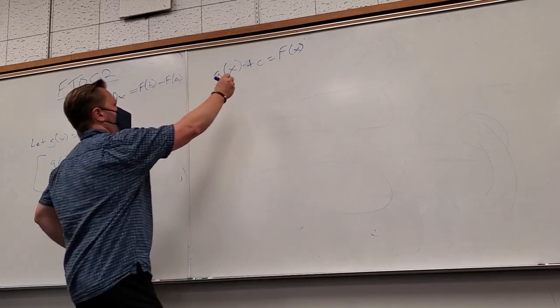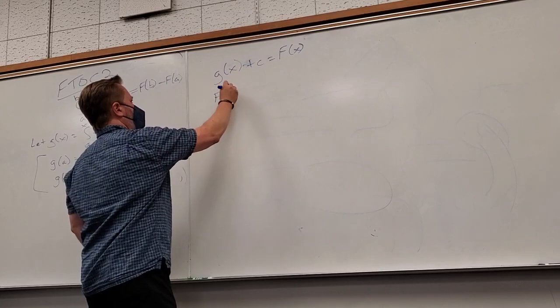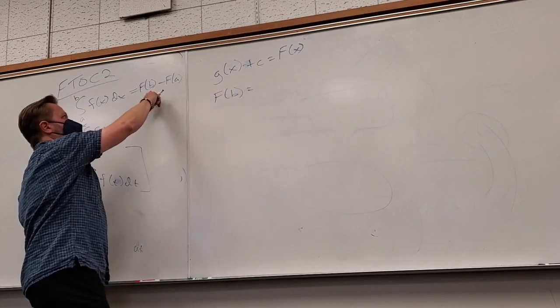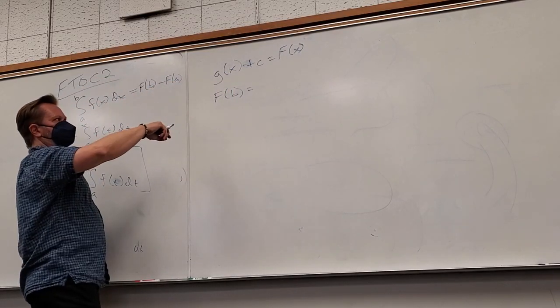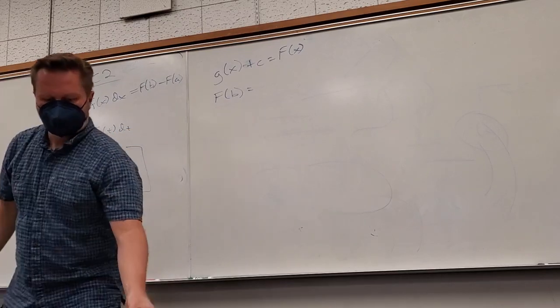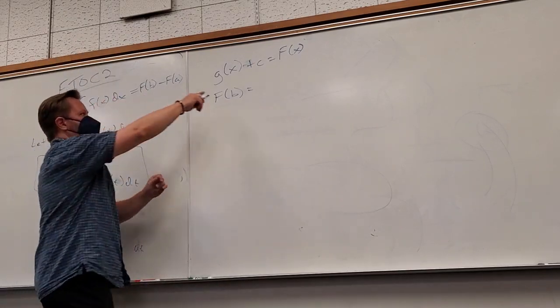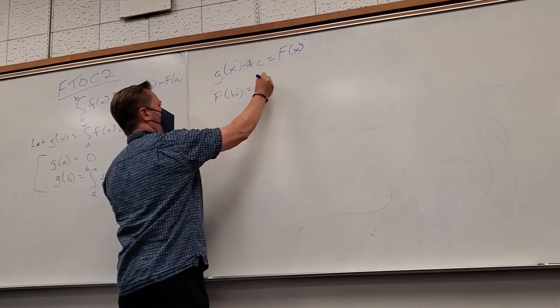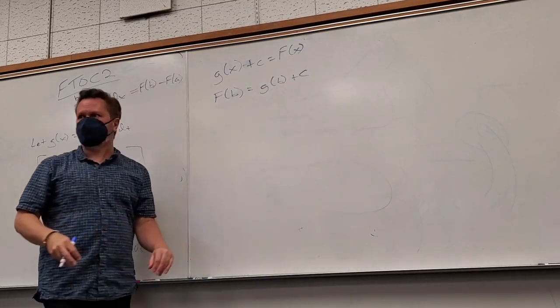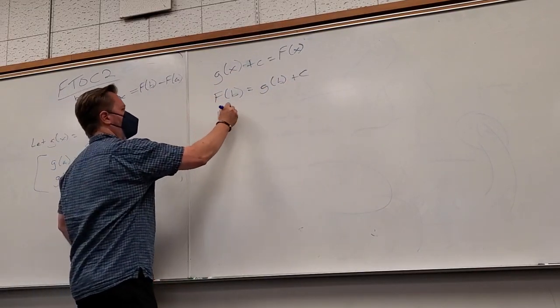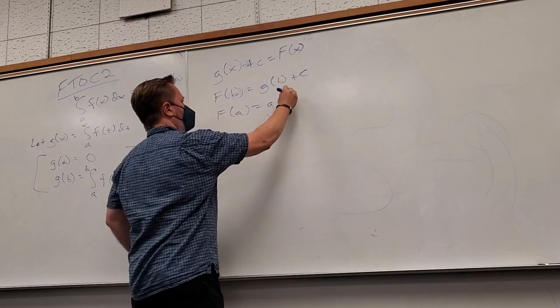So what is f of b? Don't overthink. What would f of b be? G of b plus c, right? All right. What's f of a? G of a plus c.